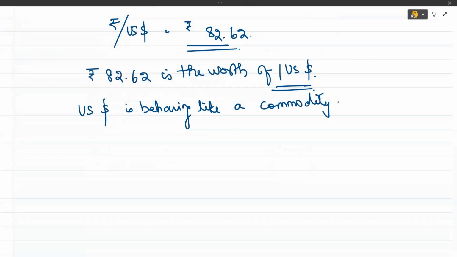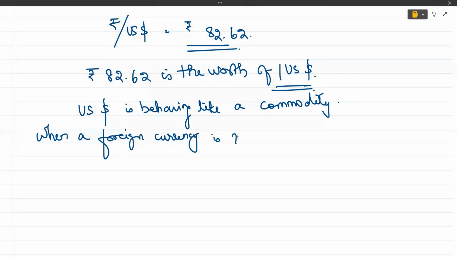When a foreign currency is represented in terms of the domestic currency, it need not necessarily be rupees.